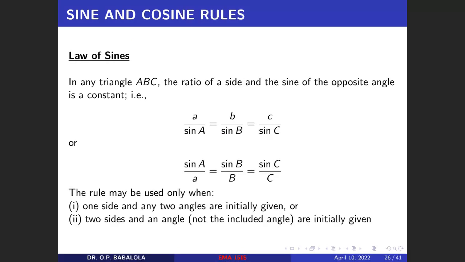We go to sine and cosine rules. I'm sure most of you are familiar with this, when we say law of sine, and then the law of cosine and all of that.